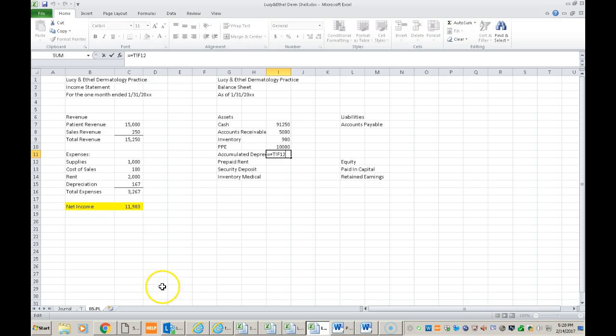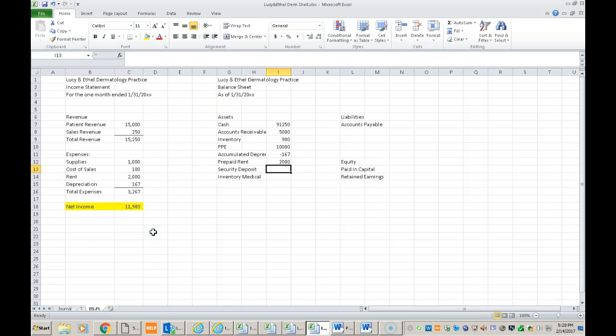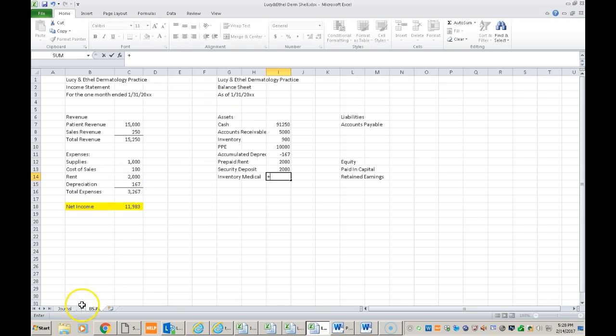However, remember that this is a credit, and so we have to make that a minus, or otherwise we won't come out correctly. Our prepaid rent is 2,000. We had a security deposit of 2,000. And we had our inventory for supplies of 2,000. So our total assets here are going to be 112,983. So total assets.